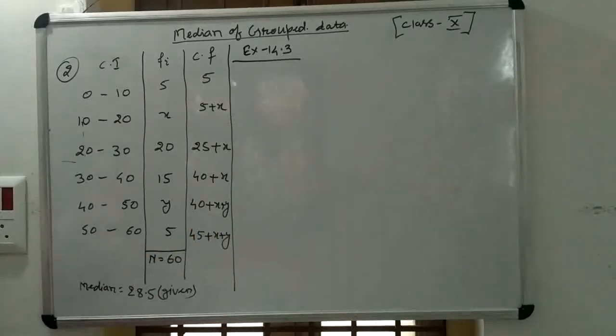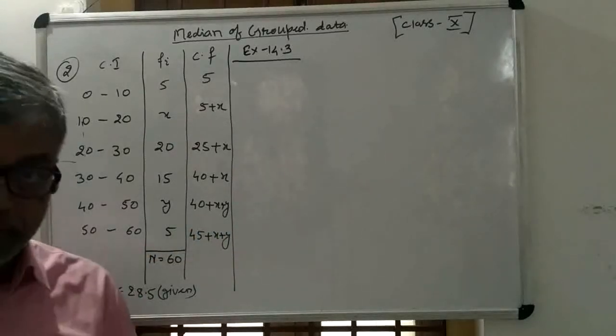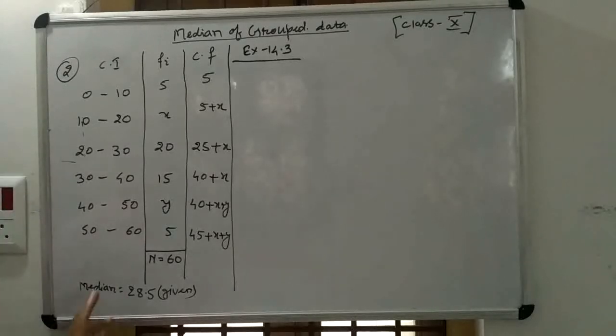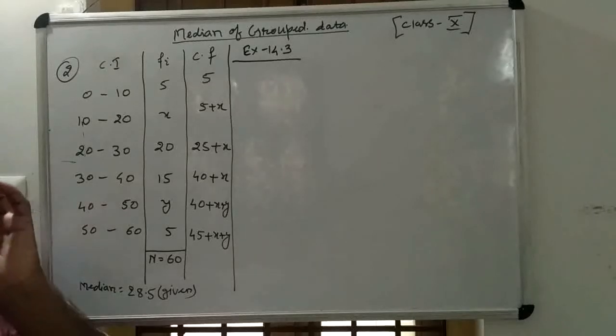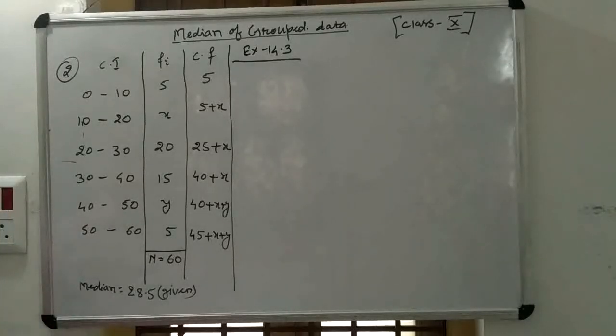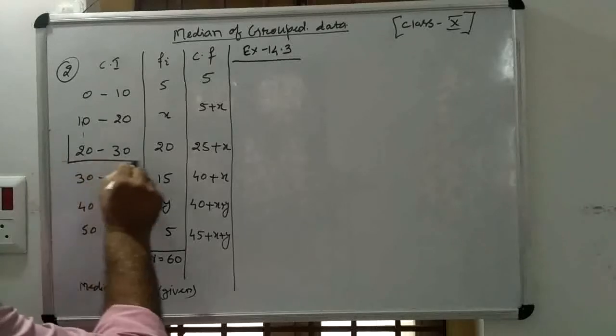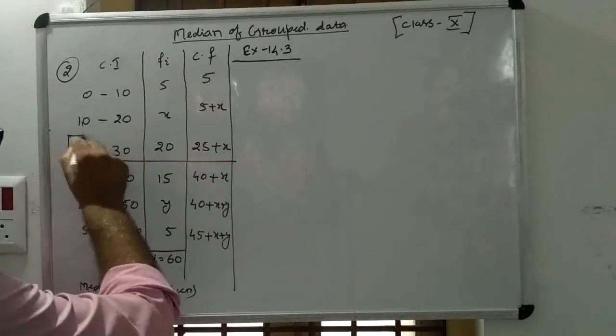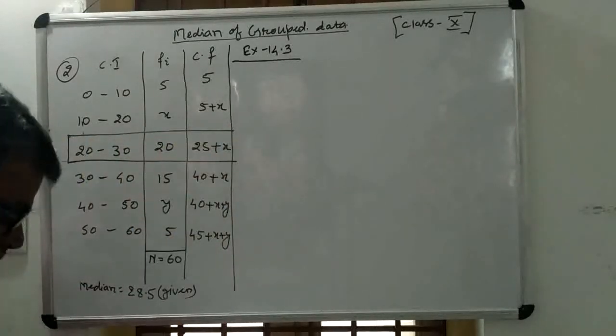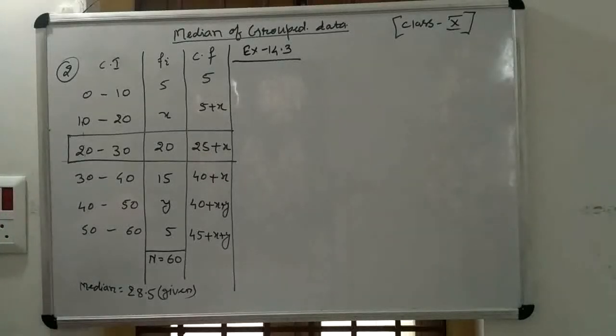This is our cumulative frequency table, and it is given that our median is 28.5. By observing the class intervals, we can identify that 28.5 will lie between 20 and 30, so this will be our median class.